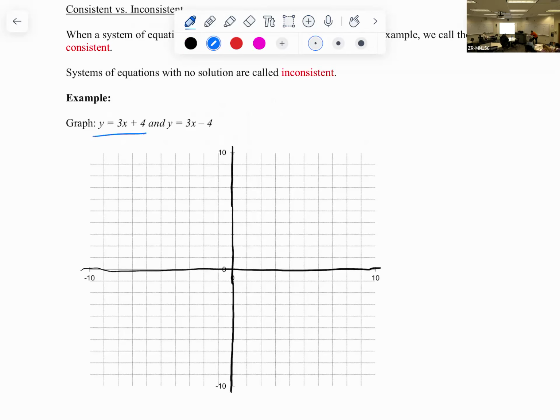So I have two equations here. y equals 3x plus 4. And that's 0, 4 as the y-intercept and a slope of 3/1.